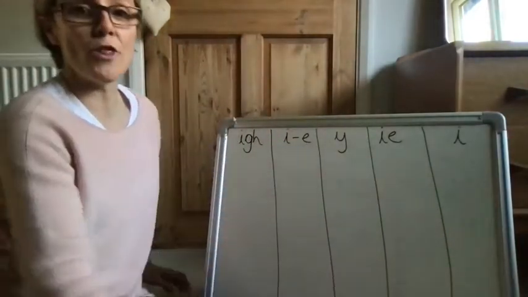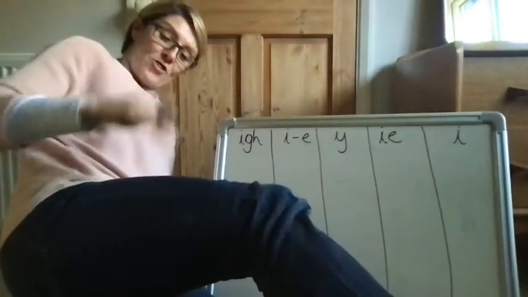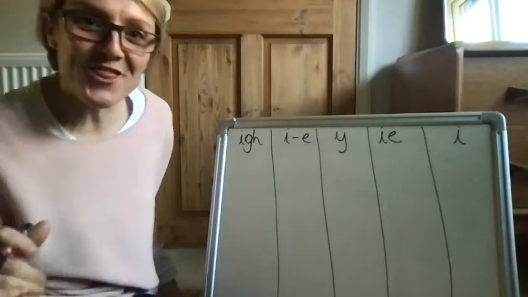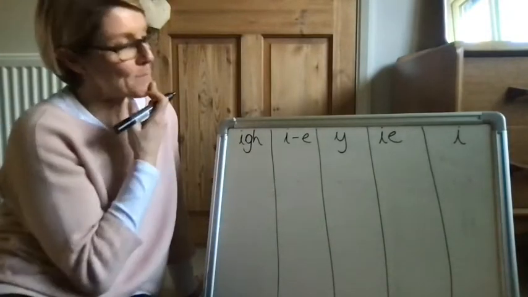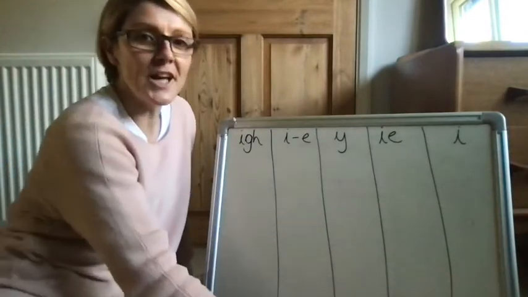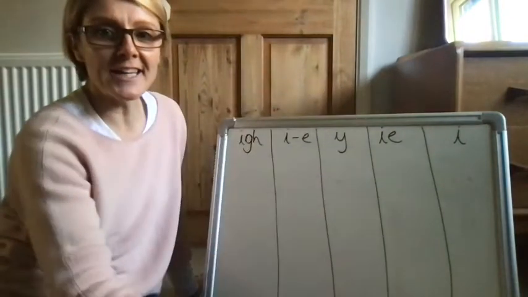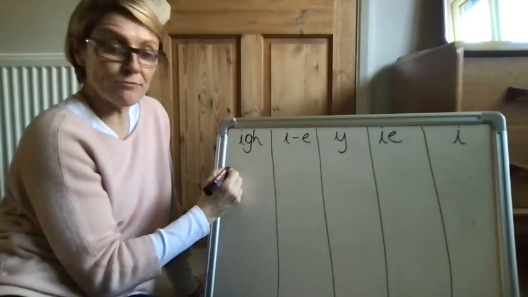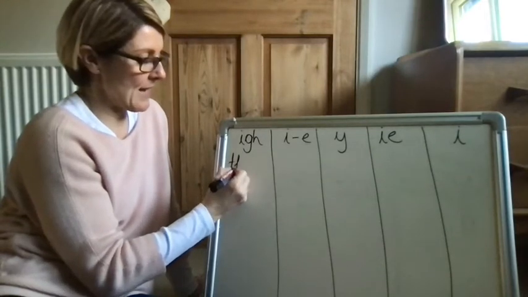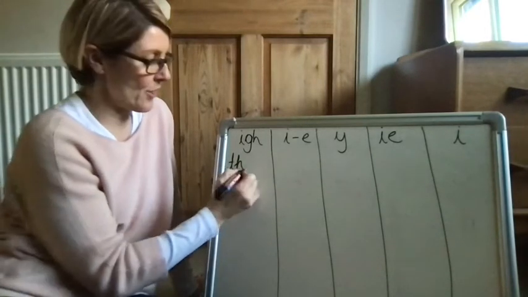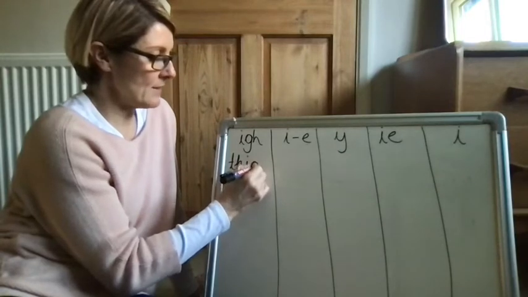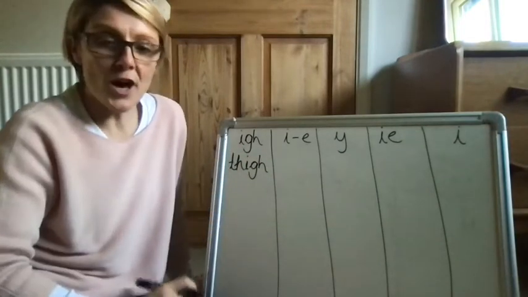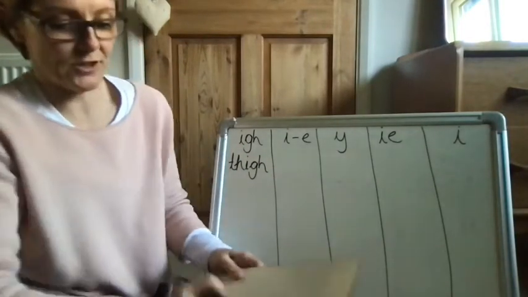Can you point to your thigh? This is your thigh. Your thigh. So which spelling have I used for the word thigh? Can you find it on your piece of paper? And underneath, you're going to write it, saying the sounds as you write it. Thigh. Good job.